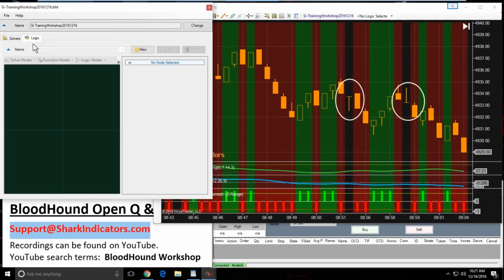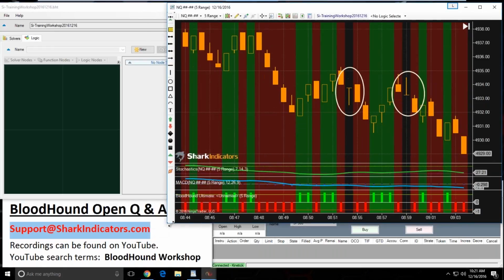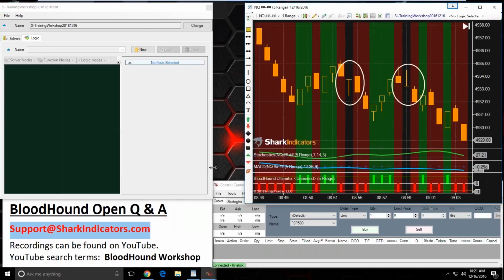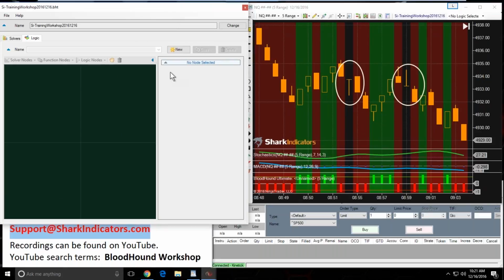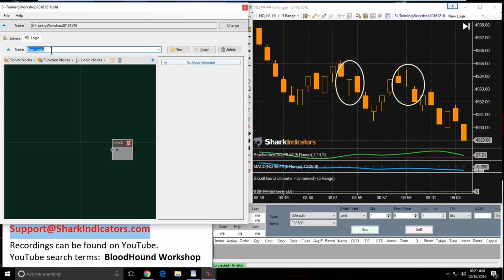So let's see. I'm going to switch over to using the logic template now, and let's shrink the chart up a little bit. All right, so we're looking for a bar direction on range, bar direction, actually let's just say with dojis.